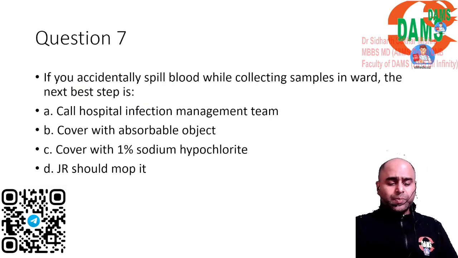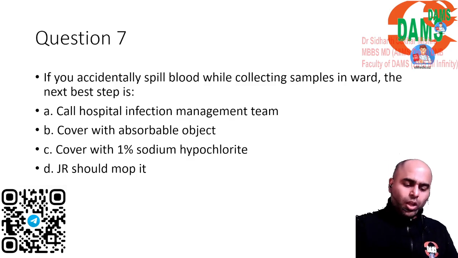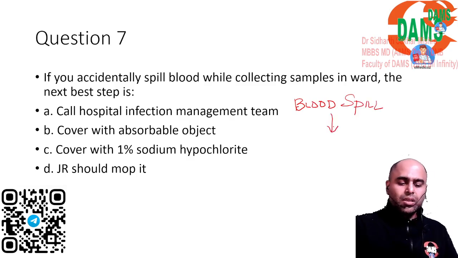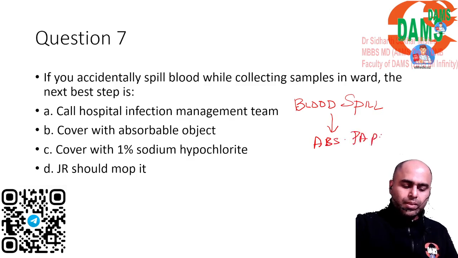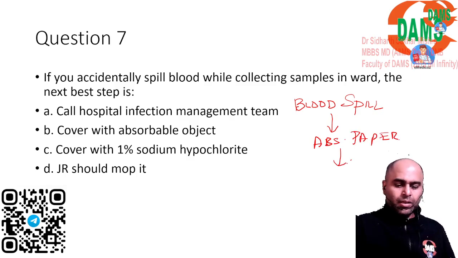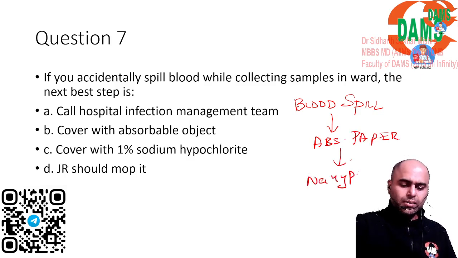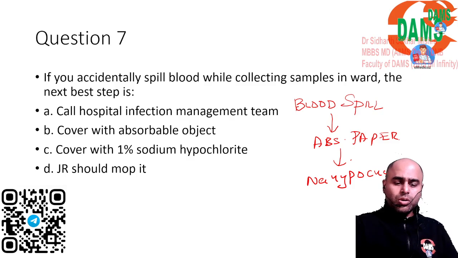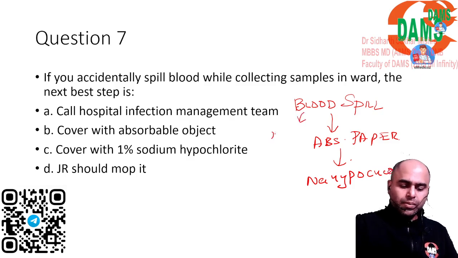If you accidentally spill blood while collecting sample in ward, what is the next best step? Now guys, this is a slightly controversial question. If you read it, it says when there is a blood spill, then we will first go for absorbable paper and then sodium hypochlorite, but also you have to inform the infection management team.